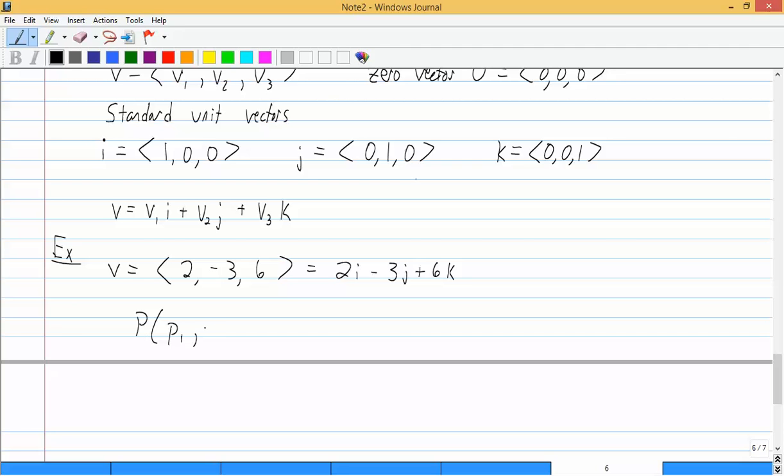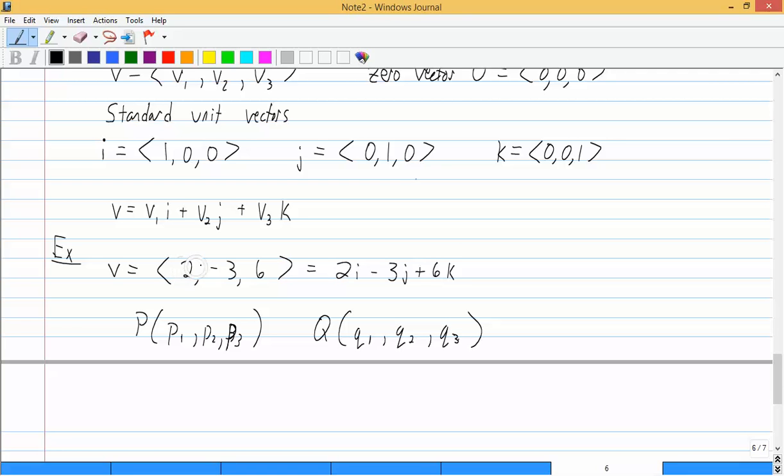That's like an x, a y, and a z. Then you have another point, Q, with Q sub 1, Q sub 2, Q sub 3, like an x, y, and z.